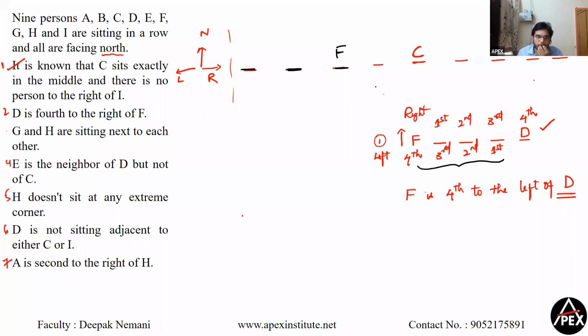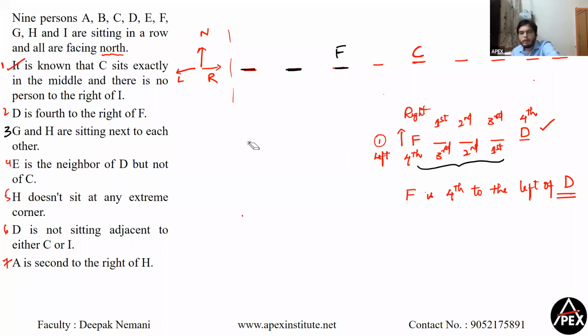Now which statement should I consider? Third statement, isn't it? G and H are sitting next to each other. That means G and H are sitting in two consecutive places. So where do we have two consecutive places? Here, the first two from the left.